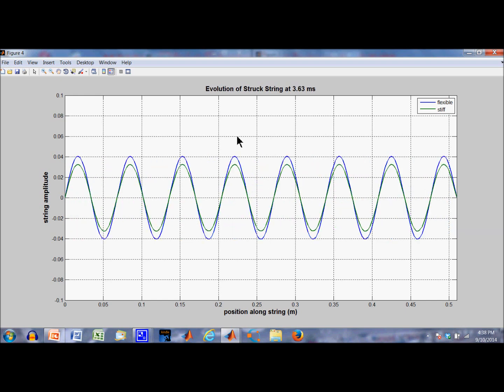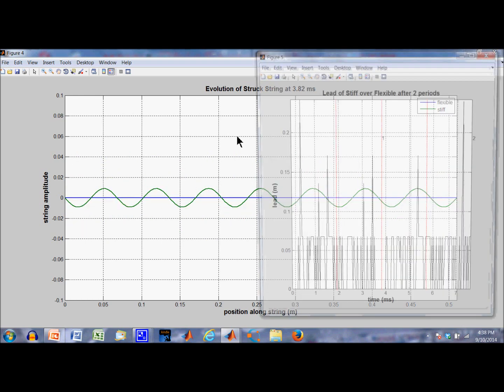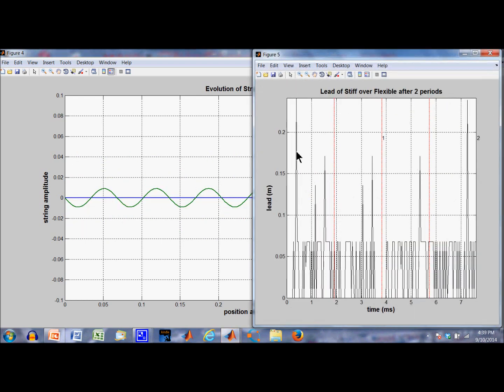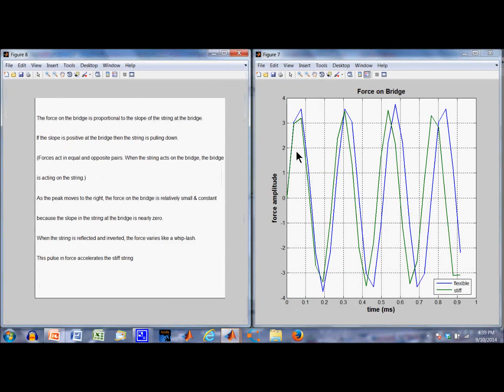Okay, we're going to complete 2 periods like we did before. That's no great interest. As you can see here, the force now happens a lot more frequently, but you can also tell even over 1 millisecond the force from the stiff string is starting to lead that of the flexible.